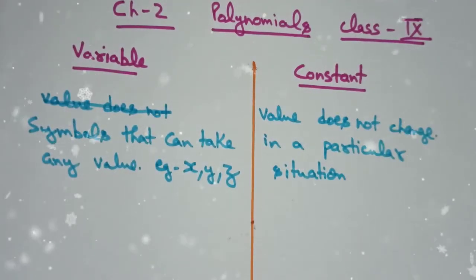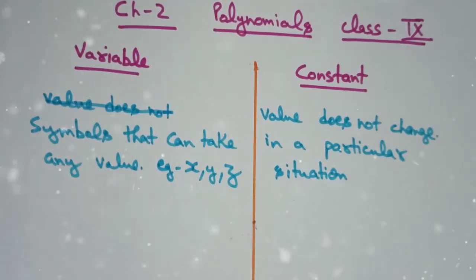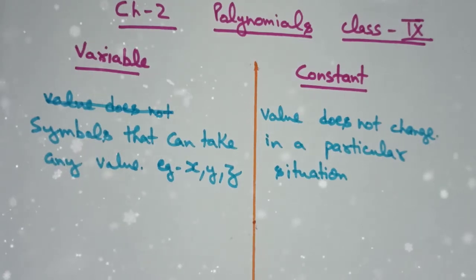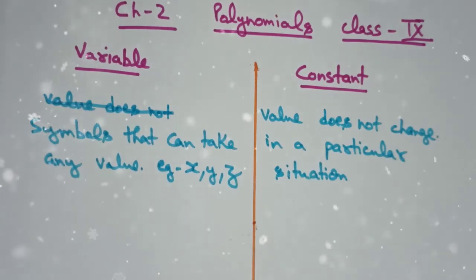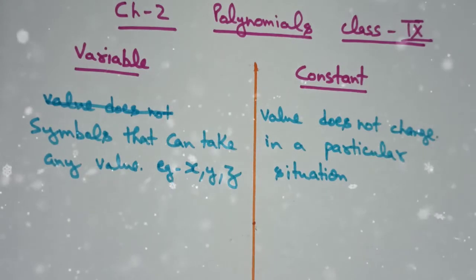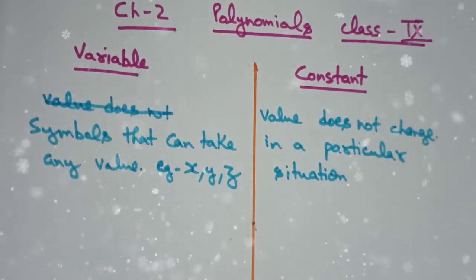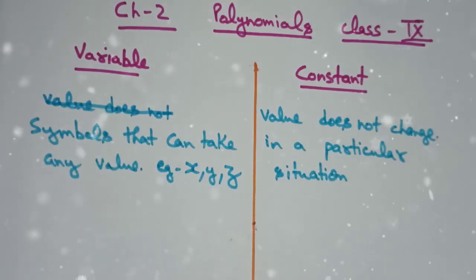Variables are basically symbols that can take on any value. For example, the symbols generally used for representing variables are x, y, z. Constants are those whose value does not change in a particular situation.